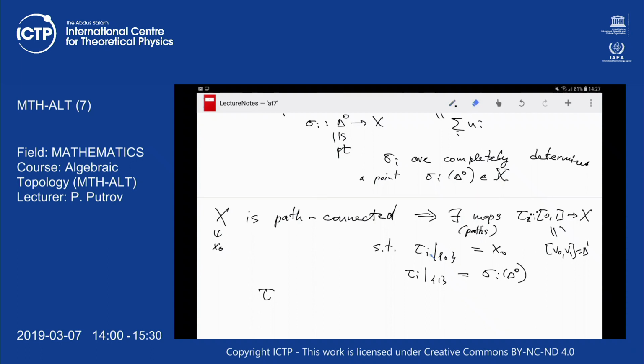To be more precise, what I mean here is that Ti of 0 is X0 and Ti of 1 is sigma i of delta 0. But this can be recognized as the restriction of this map to V0, which is identified with 0, is the same as the singular simplex sigma 0, which is a map from delta 0 to X.